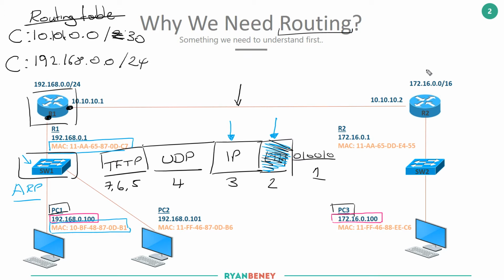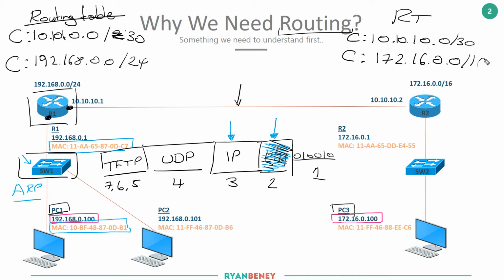If we go across to router 2 and we look at router 2's routing table, we would have the 10.10.10.0/30 learnt via directly connected, and we would also have the 172.16.0.0/16.